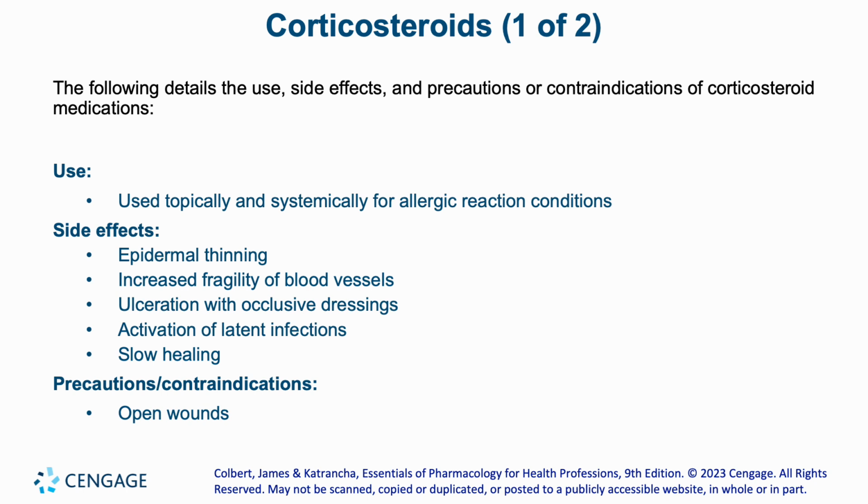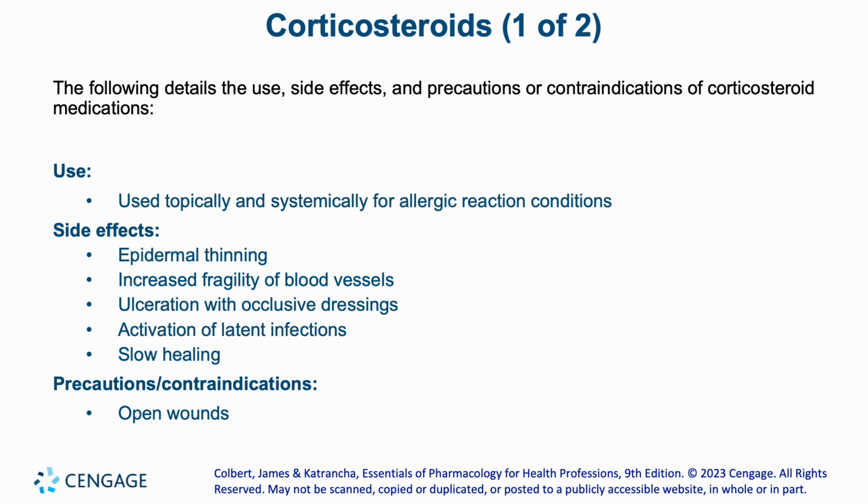The side effects of corticosteroids are epidermal thinning, so the layer of the skin thinning, increased fragility of blood vessels, ulceration with occlusive dressings. So if we place a dressing over a corticosteroid, it can lead to ulceration of the skin, breakdown, activation of latent infections, and slow healing.